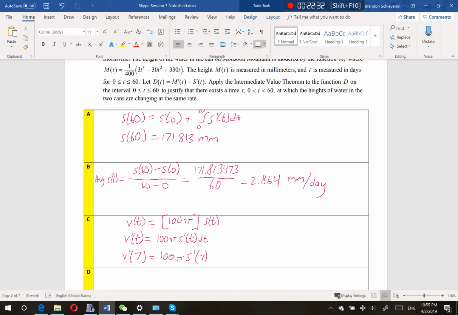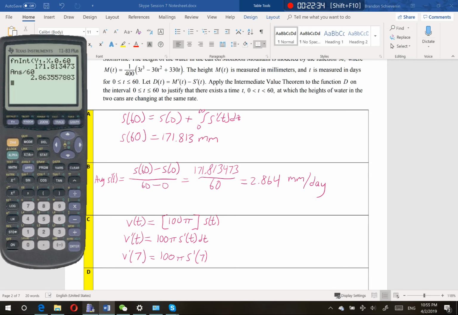Okay, so I've got 100 pi times s prime at 7, so I'm going to jump into my calculator again. Right now, on our y equals, I already have this as the rate of change. So this is s prime at t right now. So I'm just going to plug in our value for 7. I think I'll do that with the table.